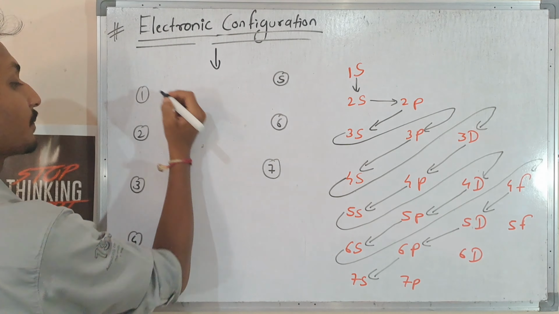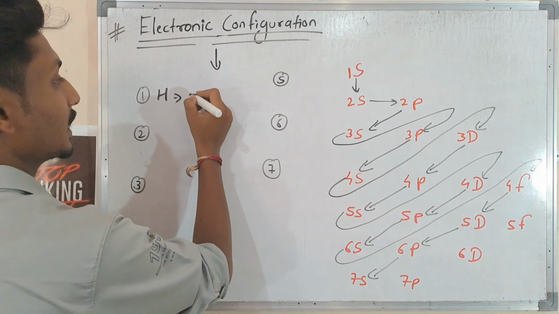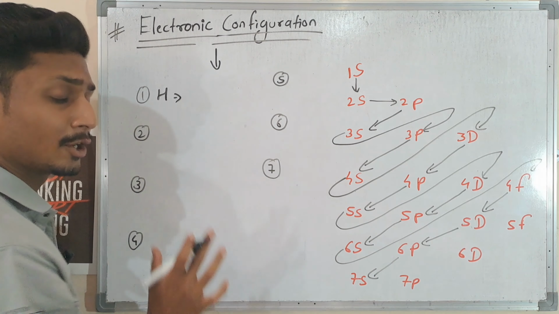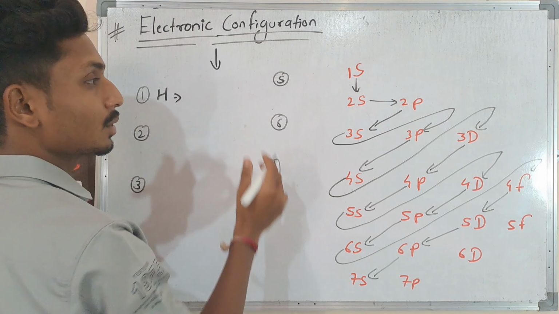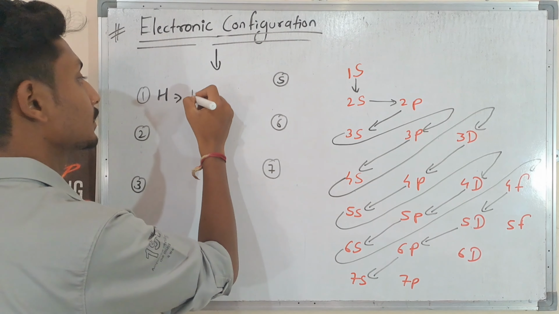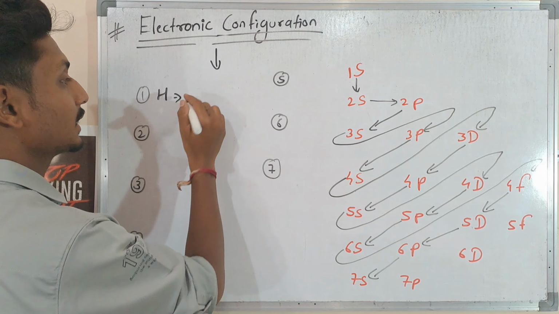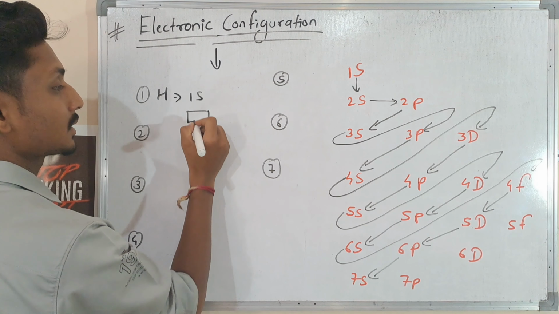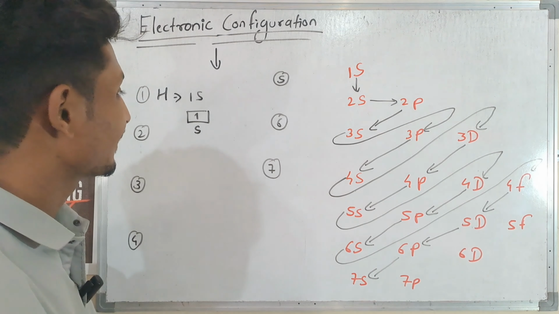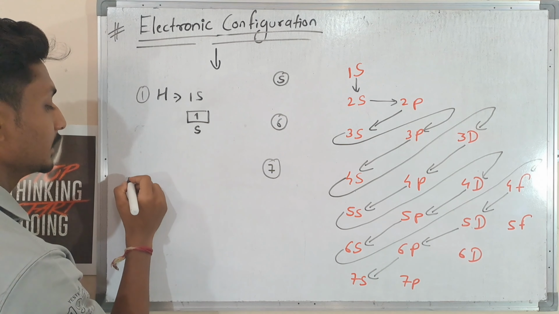Let's take an example of hydrogen. Hydrogen's atomic number is 1, so the first electron goes in the s orbital: 1s1, only one electron, which is half filled. Then helium.